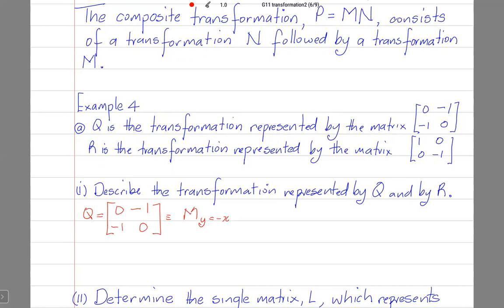So Q is a reflection in the line Y is equal to -X.